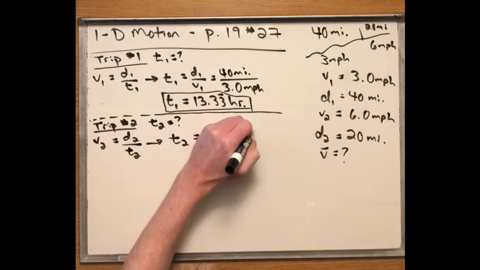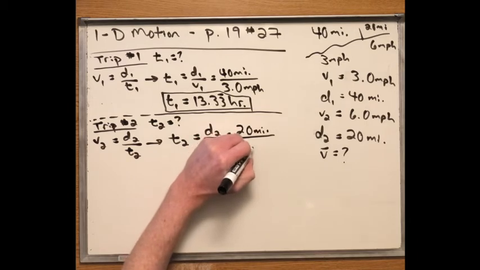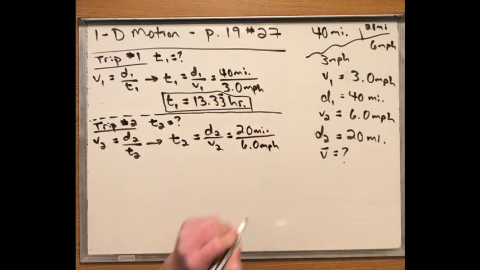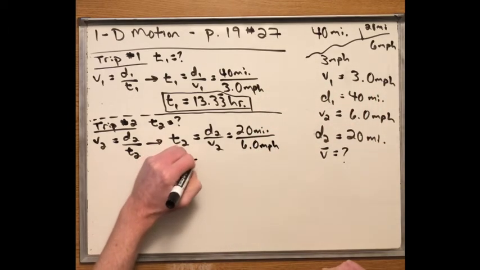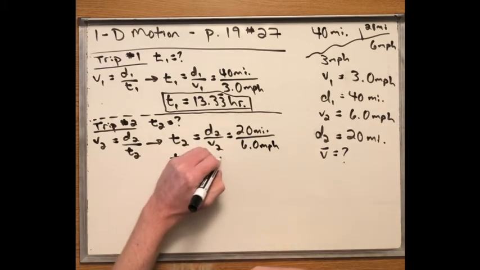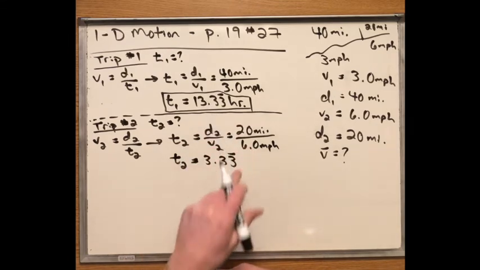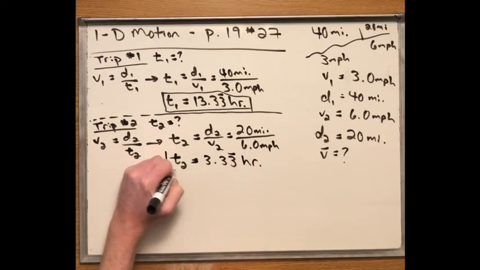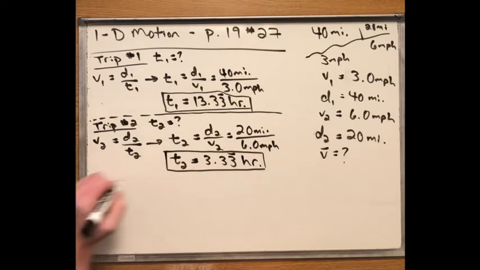And so we get 20 miles. Notice we're going to get a totally different time here because we have a smaller distance. 20 miles as our distance, 6 miles per hour as our speed, which is a bigger speed. And we get the second time is 3 1/3, right? Because 20 over 6 is 3 1/3. And then that's hours. Okay, cool. So those are the times.